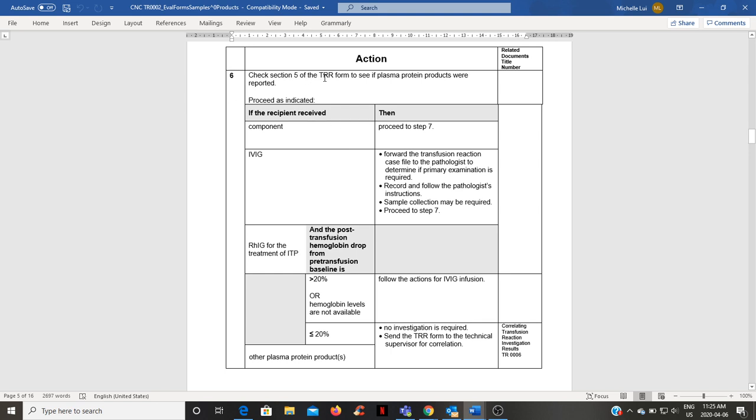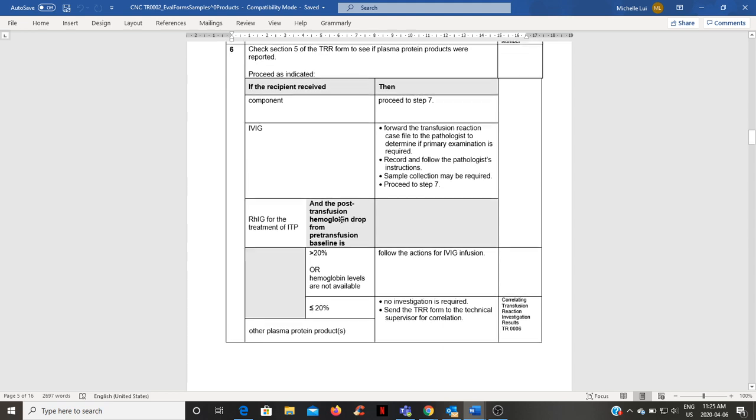And check section 5 of the form to see if plasma protein products were reported. So in this case, the reaction was to red cells here, which is a component. It was not IVIG, it was not RHIG, and it was not a plasma protein product. So we're going to keep going to step 7.